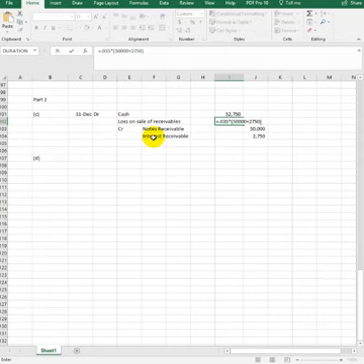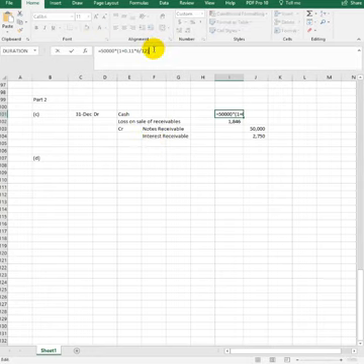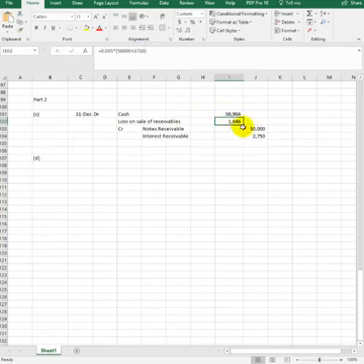You could assume that the 3.5% was only for the 50,000, but they are bankers, so good chance that they're going to actually charge us a little more for the accrued interest that they're accepting as well. So they paid us for the accrued interest, and of course we're going to subtract the finance charge. So 50,904 was the actual amount of cash that we got as a result of this transaction.